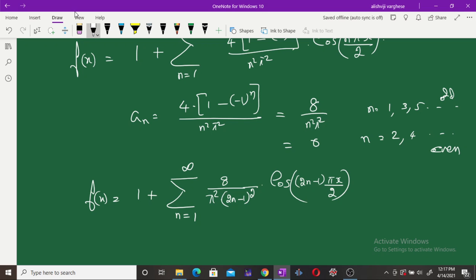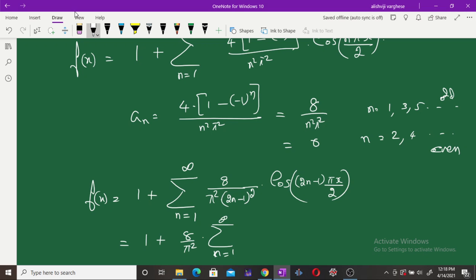So this can be written in a simple way as 1 plus 8 by pi square, that's a constant, into summation. Here we use the same index for the summation, so that is n from 1 to infinity.